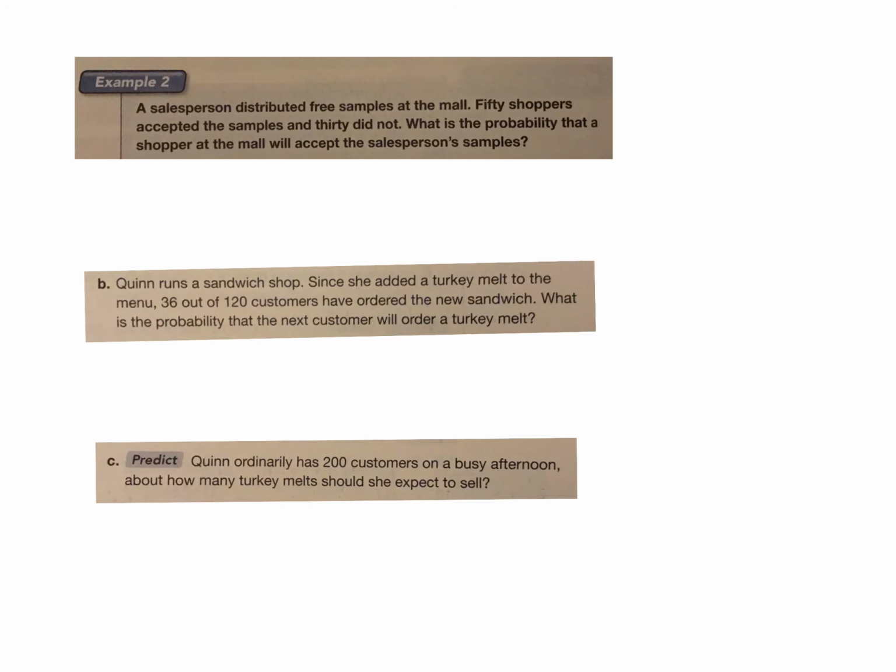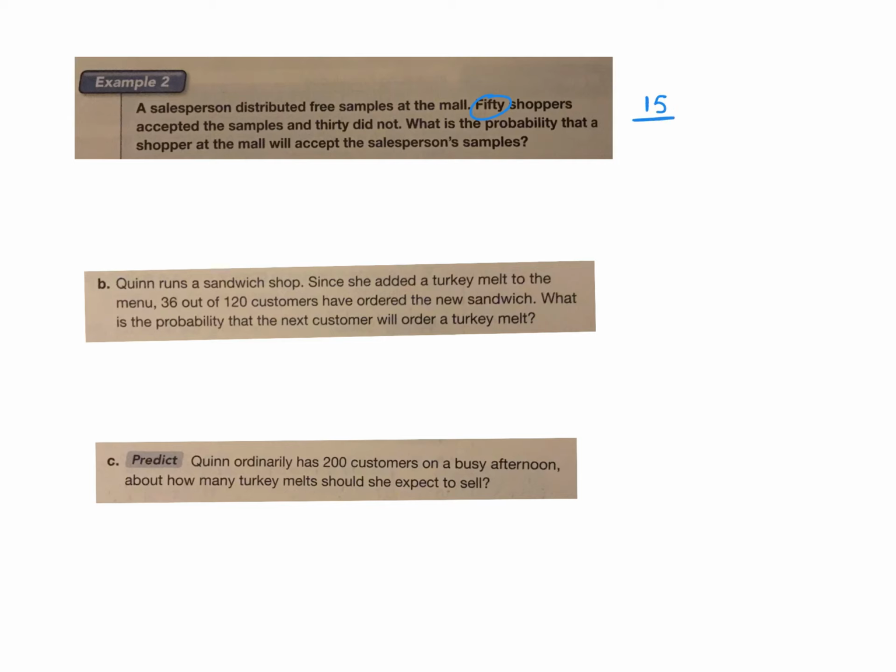This is example 2. It says a salesperson distributed free samples at the mall. 15 shoppers accepted the samples and 30 did not. What is the probability that a shopper at the mall will accept the salesperson's samples? So first thing we need to do is we need to say, well, how many of them accepted the flyers? Well, it says 15 of them. So I'm going to put the 15 on the top.